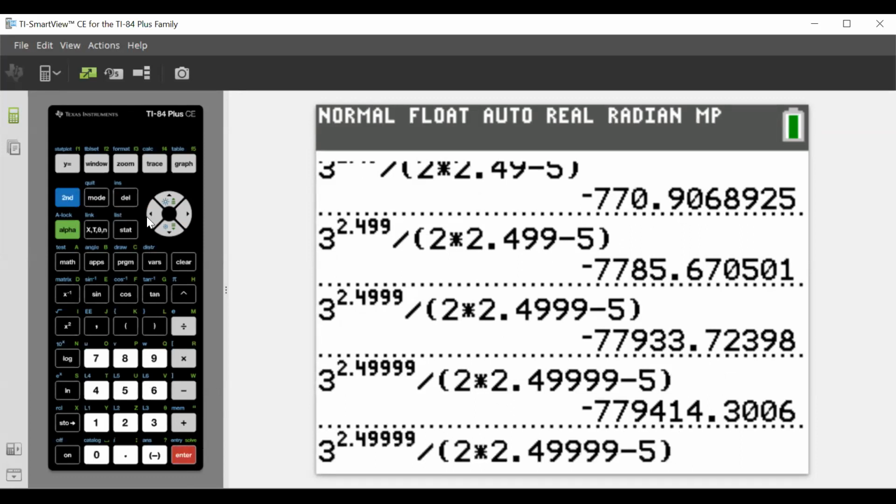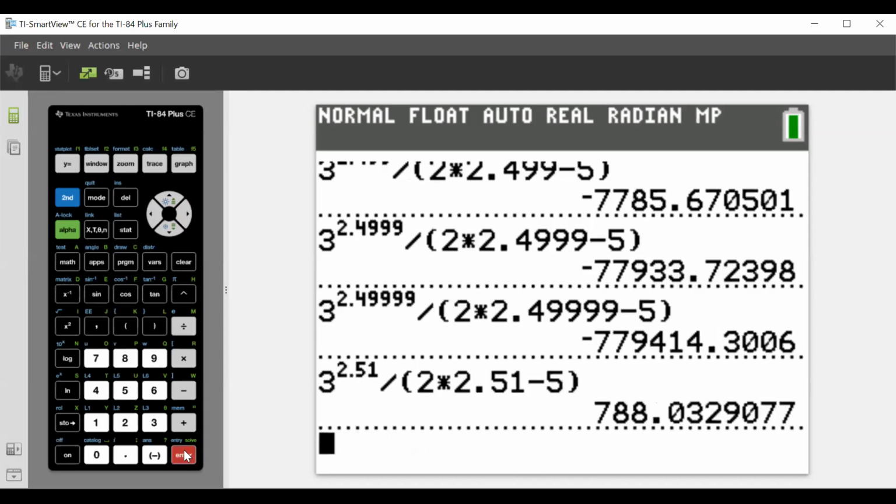All right, so now let's go the other way. So now we have 2.51. So let's delete the rest there. And over here, let's have 2.51, delete those. And so now we get 788.033.